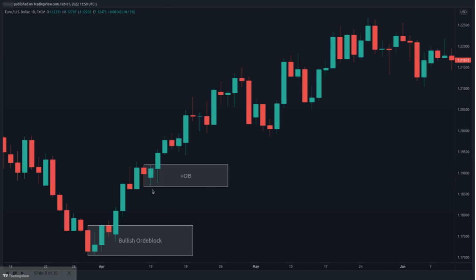Here's another example. That down close candle right there, that's your bullish order block. Why? Because see here, and then you have these two candles engulfing that candle. So it's not an engulfing candle.